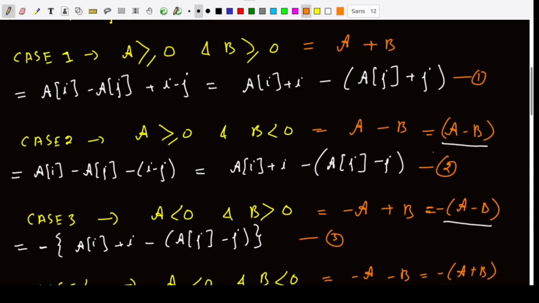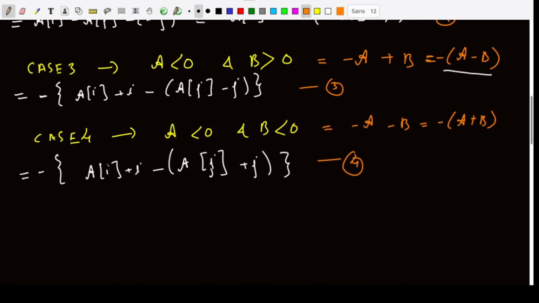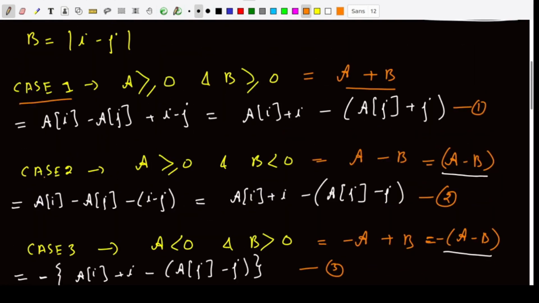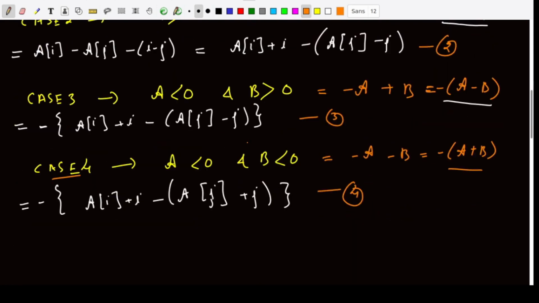What do I mean by equivalence here? So let us take case 1, which is a plus b, and case 4, which is negative of a plus b. So as you can see, with the exception of this negative sign, case 1 and case 4 are same, right? So basically it will evaluate to the same value.